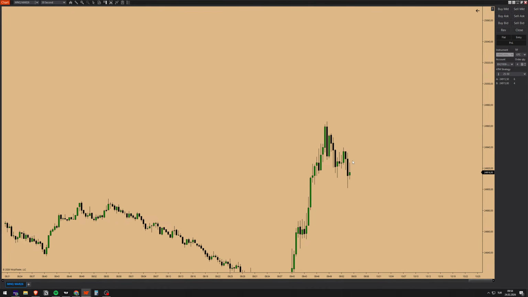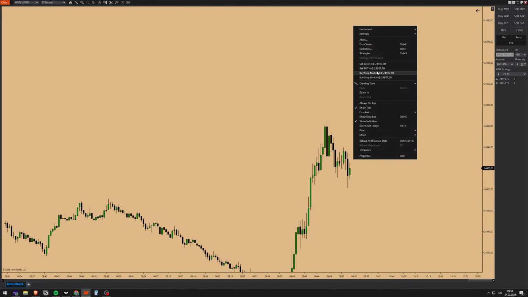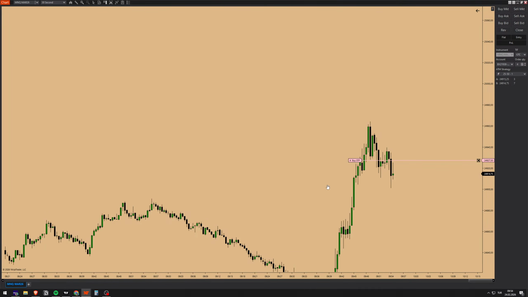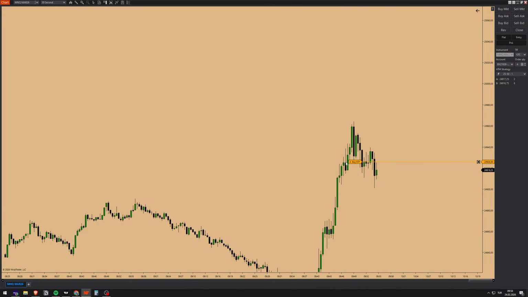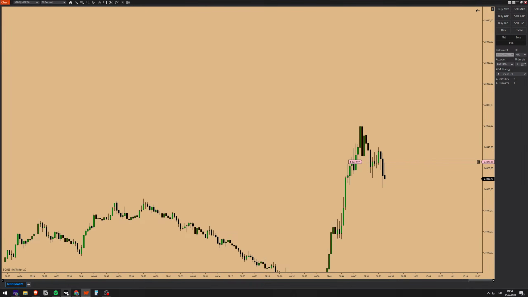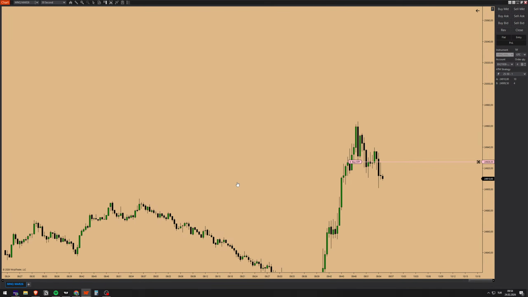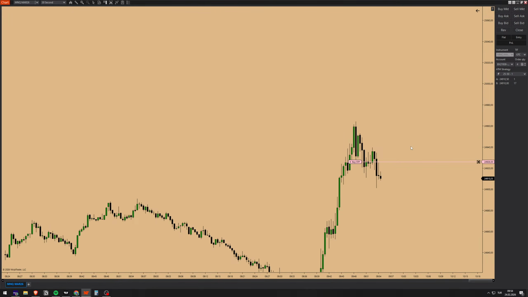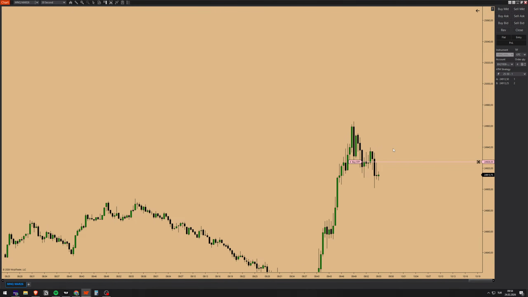The entry above this high with buy stop. If price cannot go above this high, I will remove the entry.